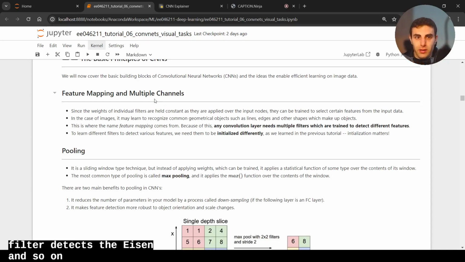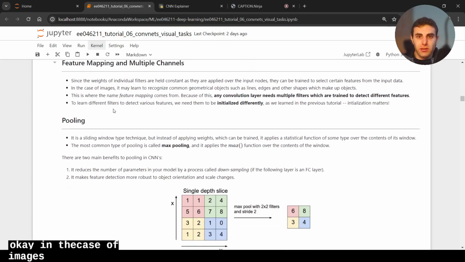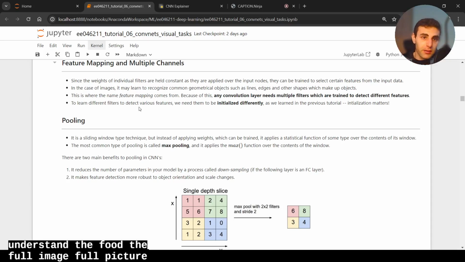In the case of images, we want to mimic what we do with our eyes. We want to detect objects or parts in order to understand the full picture. This is where the name feature mapping comes from. Because of this, any convolutional layer needs multiple filters which are trained to detect different features.